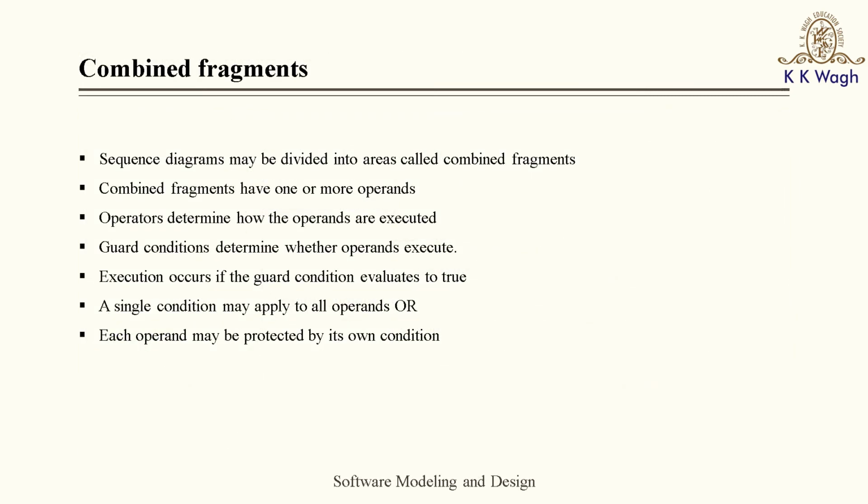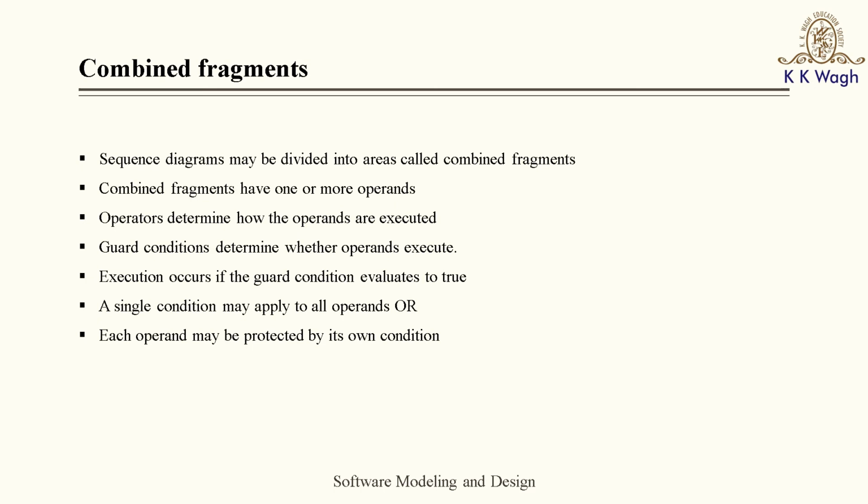Now here there are some fragments. So what is a fragment? Sequence diagrams may be divided into areas called combined fragments. We will see in an example how it is denoted. Combined fragments have three parts: operators, operands and guard condition. Combined fragments have one or more operands.